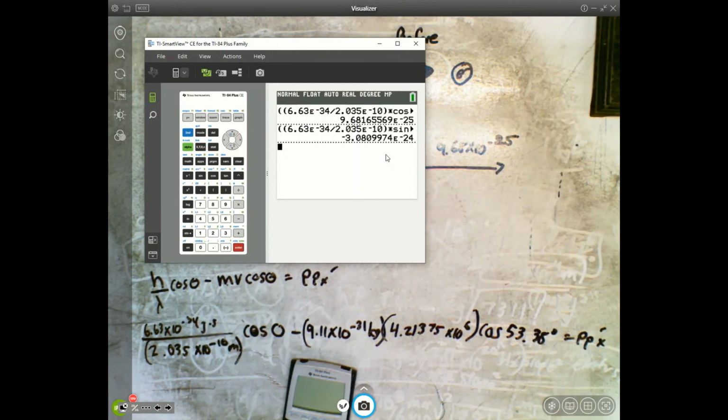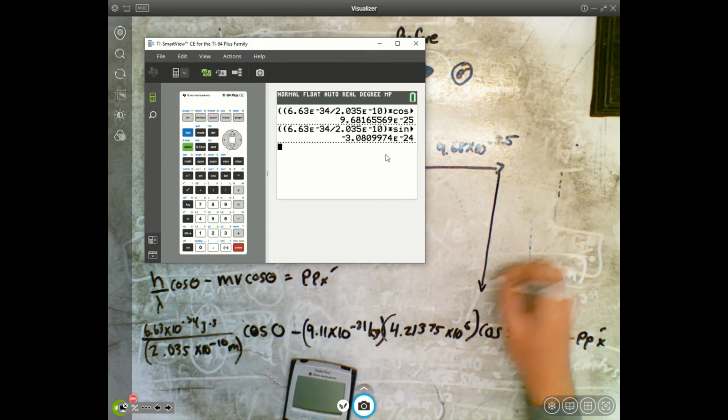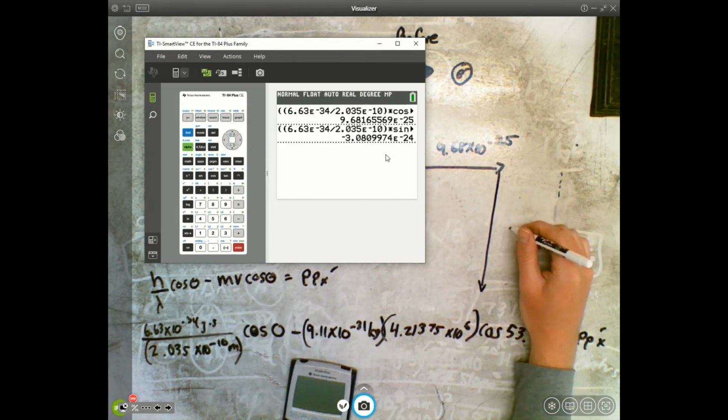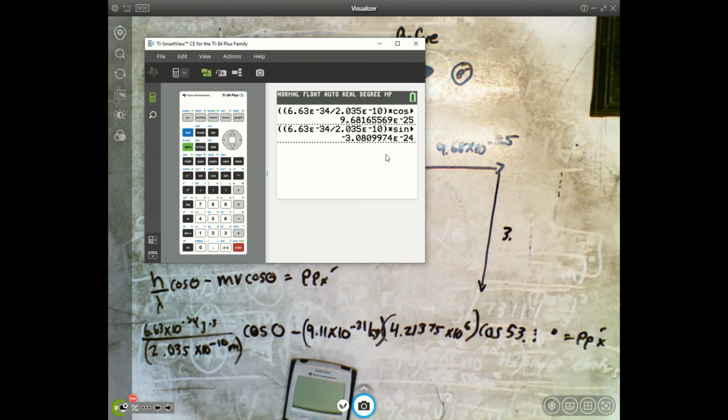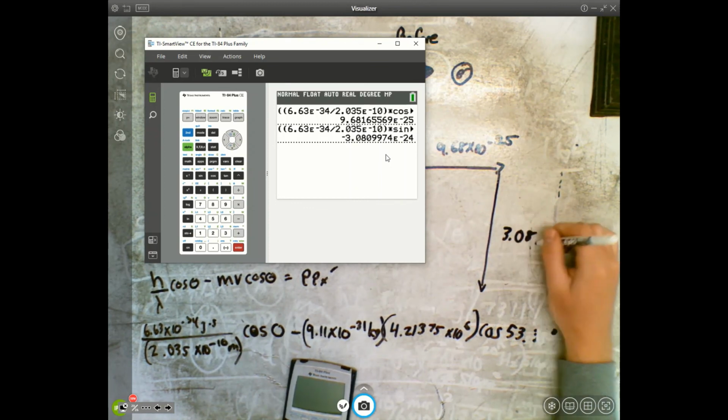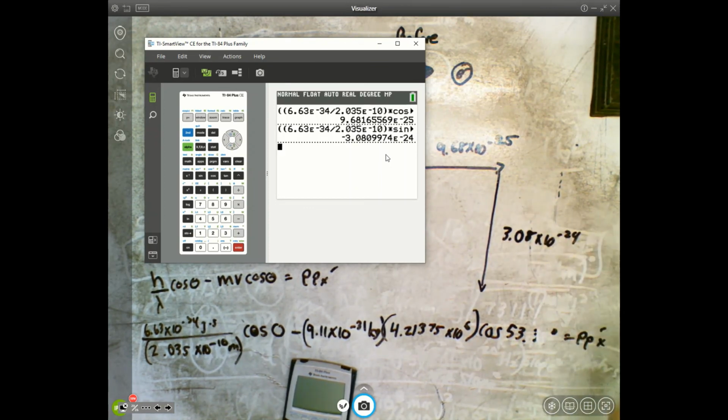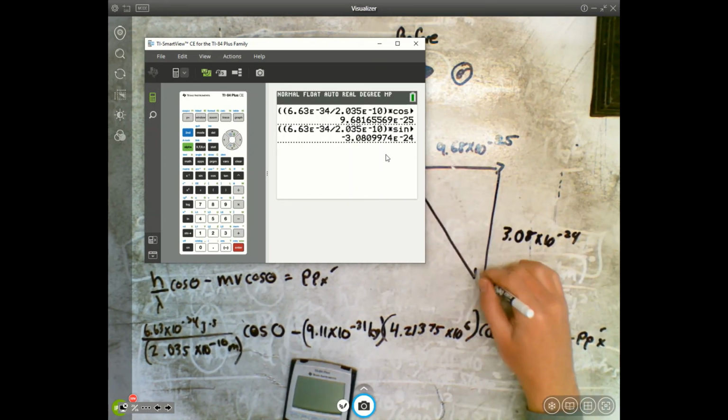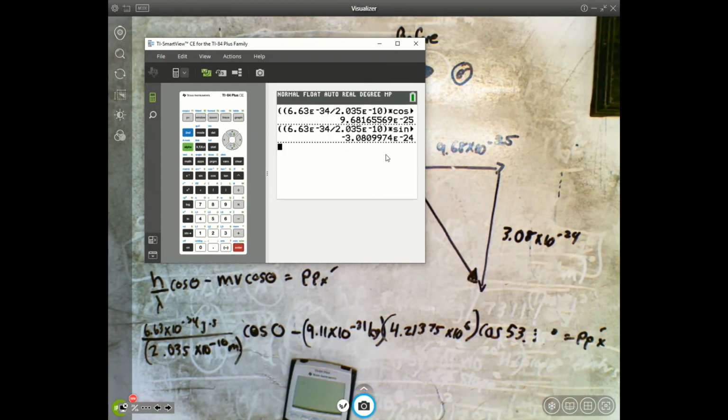And in the y, it's negative, and it is bigger. Times 10 to the negative 24 is bigger. I'm going to do a longer arrow, and I'll use 3.08 times 10 to the negative 24. I'll use those full answers. So that's where my photon is going.